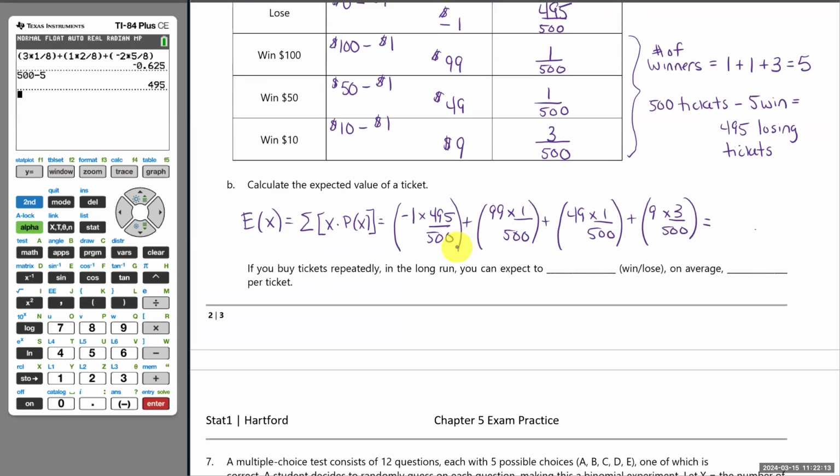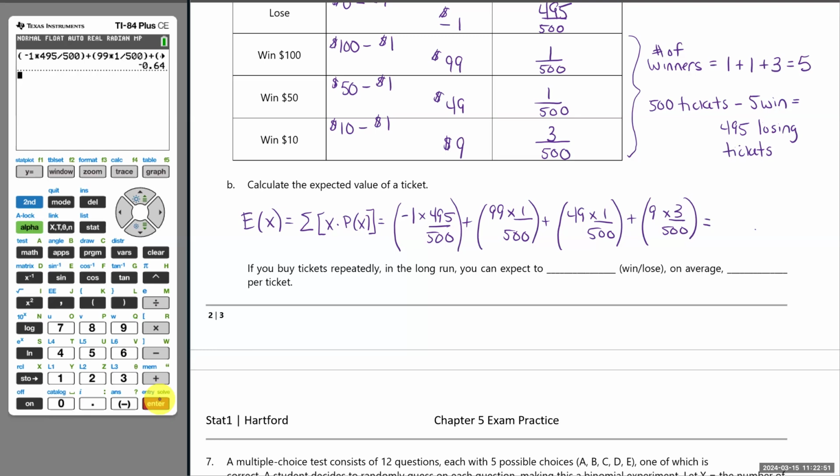And then you are welcome to just enter all of that on your calculator directly. So I'm going to enter it just like it appears. So I opened my parenthesis and I'm doing -1 times 495 divided by 500, close parenthesis, plus 99 times 1 over 500, plus 49 times 1 over 500, and finally plus 9 times 3 over 500.